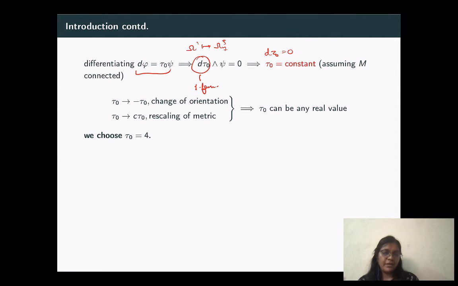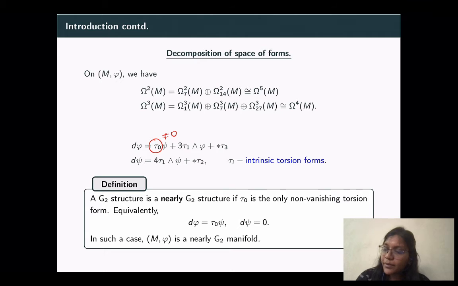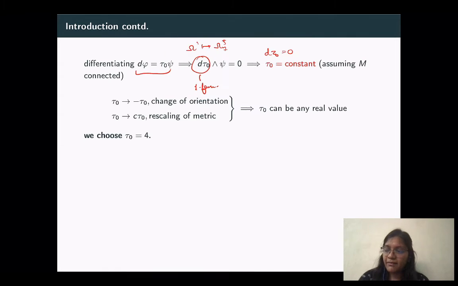If I assume that M is connected, that means tau_0 has to be a constant. Or if M is not connected, tau_0 has to be a constant on each connected component.